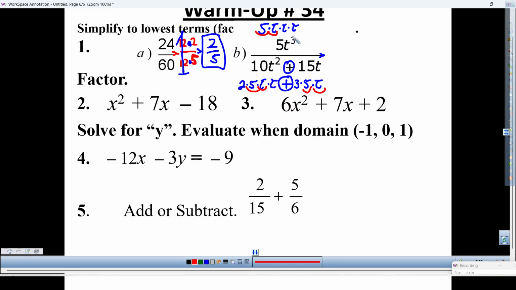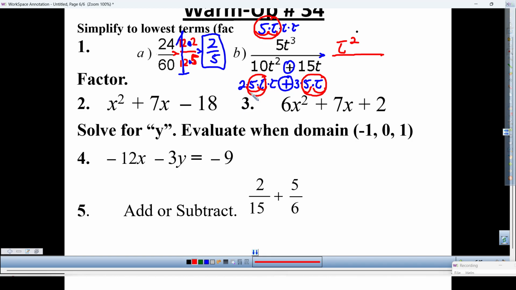So therefore, check this out. I'm going to rewrite it over here so you guys can see it. So 5t, 5t, and 5t. So what does that leave us on the numerator? t to the second power.